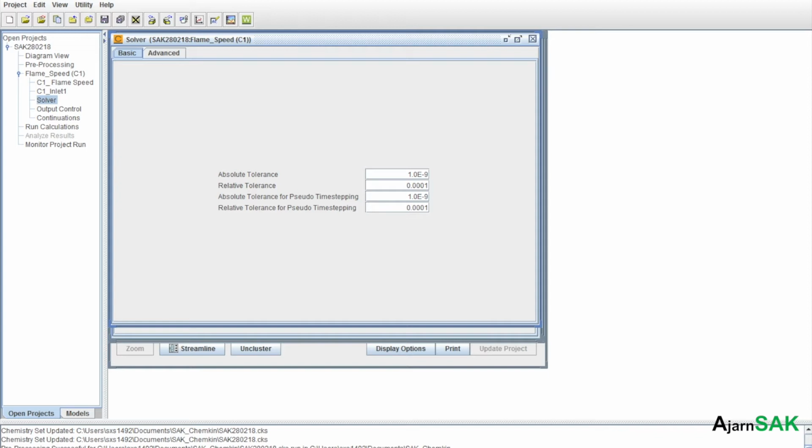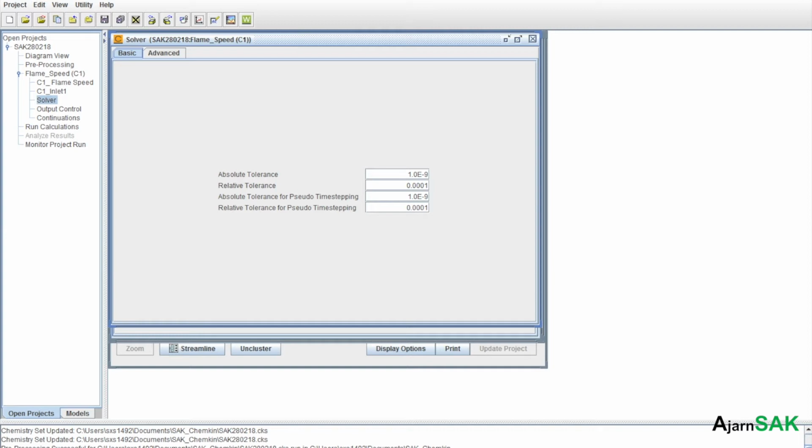Let's say you have iteration n plus 1, n plus 2. If between iteration n and n plus 1 the difference in, for example, flame speed is tiny, say here it says your flame speed is 2 centimeters per second and here it says 2.00001, it means that your solution is converged and you solved the problem. It will give you results.